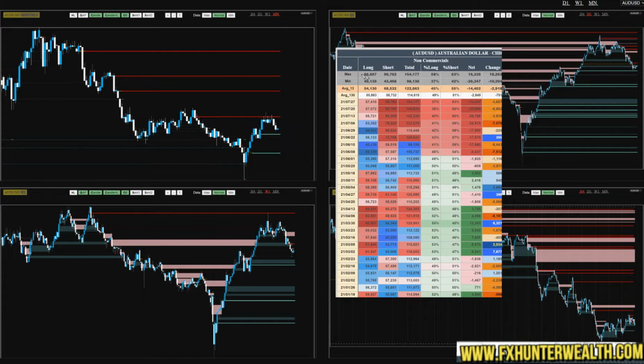So currently we are at the maximum net negative positions on the Aussie for this year. So that looks quite bearish to me, and I think we will see the drop into this monthly level and even into this weekly level.